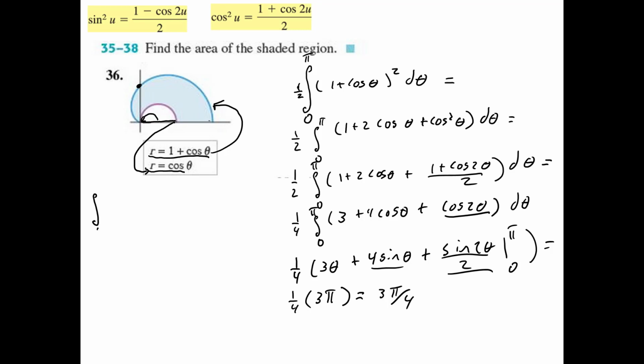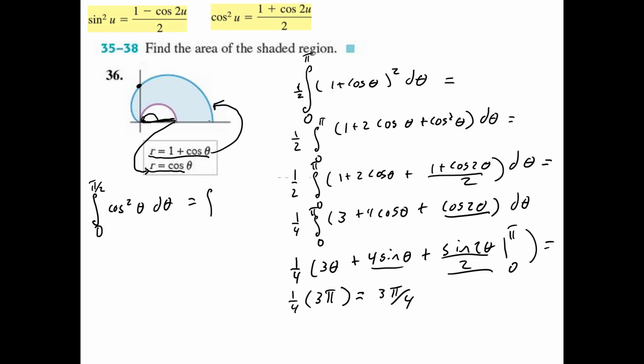And so obviously we're going to start at 0 because that's this bound right here. But I want to get back to the pole, and the pole happens at pi over 2. Okay. And so then this is just r squared, but r is the cosine of theta, so you get cosine squared of theta d theta.